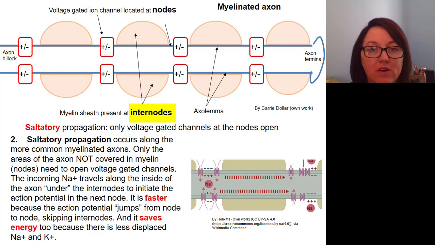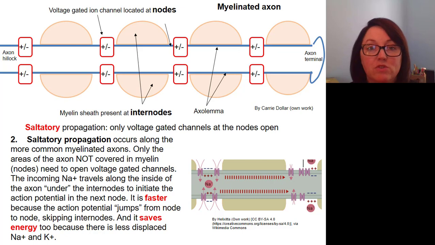The myelinated areas are called internodes. The unmyelinated areas are called nodes, and they're also known as nodes of Ranvier. So what's going to happen during saltatory propagation is that the action potential is going to appear to jump from node to node. Saltare in Latin means to jump, so that's where this word comes from.